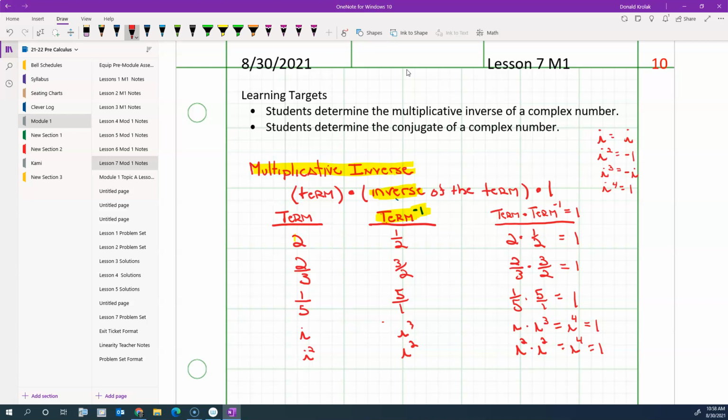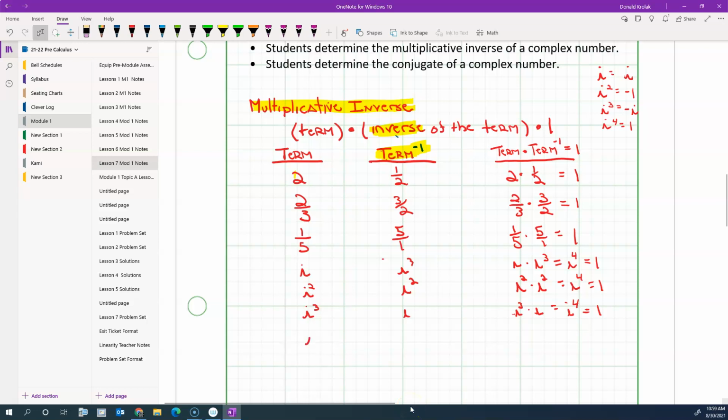What about i to the third? Because i to the third times i is equal to i to the fourth, which is 1. So those are your reciprocals.